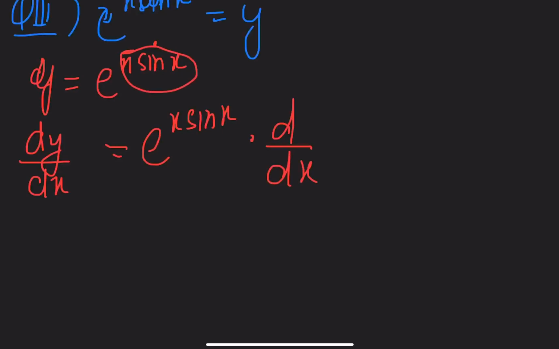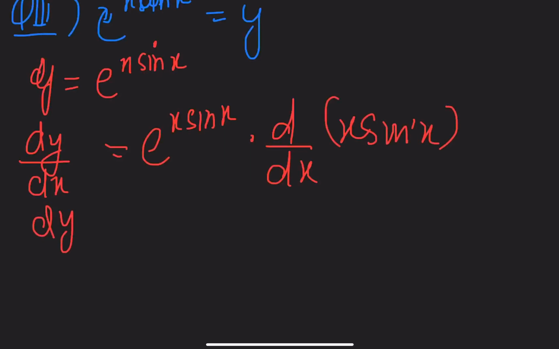You cannot just keep it out. Standard function is x, so you can't just keep out x sine x. You have to differentiate it as well. Okay, I have done differentiation here also, but the answer for differentiation is the same, that's why I have directly written it. So this becomes e to the power x sine x. Now x and sine x both are functions, so you have to use the product rule.